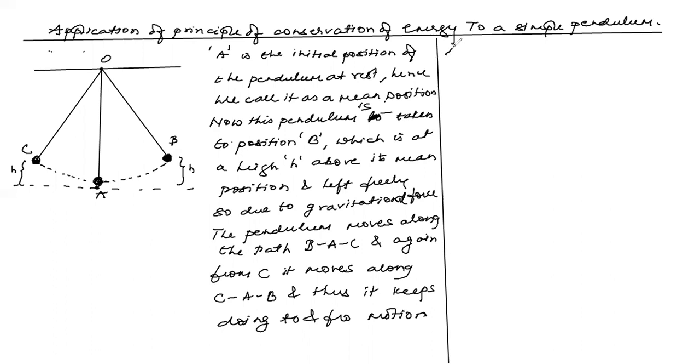Now at position B, potential energy is equal to mgh. Kinetic energy will be equal to 0. Suppose the mass of the pendulum is m.